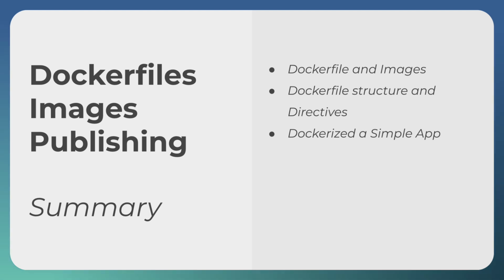And we were able to Dockerize a very simple web application, which was really fun, as well as look into Docker image optimization, because we know that the smaller an image size is, the better it is for portability and so forth. So that was an important part of understanding Dockerfiles, images, and of course publishing.